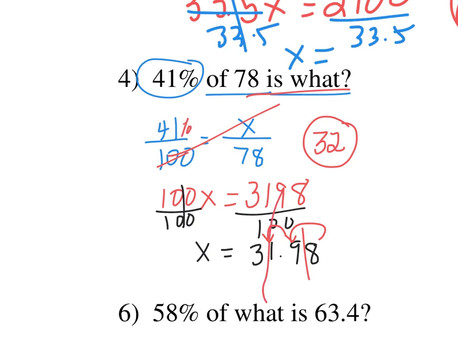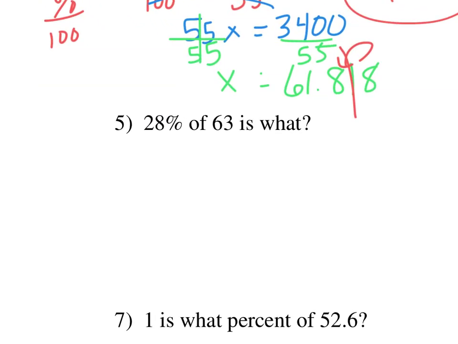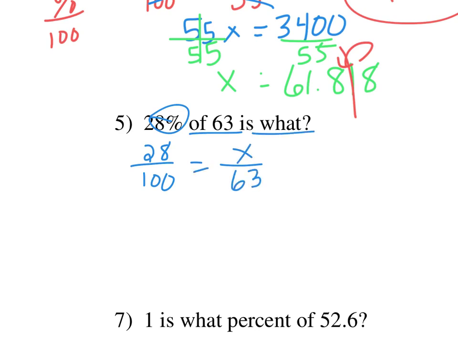All right, so let's go to the next one. 28 over 100. As soon as you see that, you think 28 over 100 of 63. 63 goes in the bottom. Is what? So we don't know what the is. So now 100x equals 28 times 63, 1764.